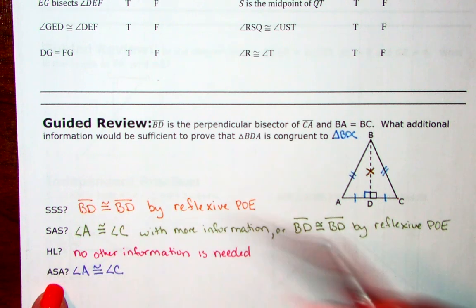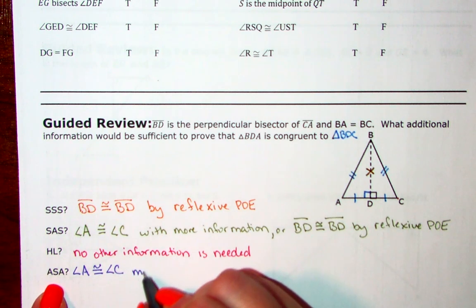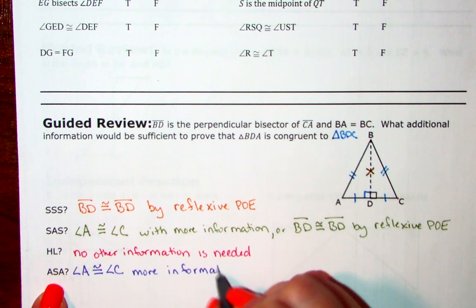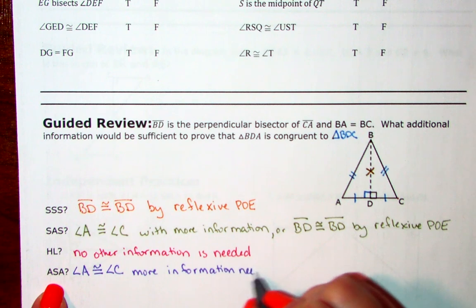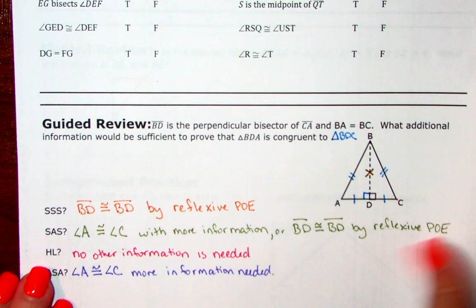But if I want to prove by ASA first before I use CPCTC, then I would just need more information to be able to show that angle A is congruent to angle C.